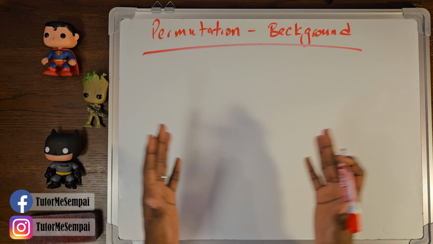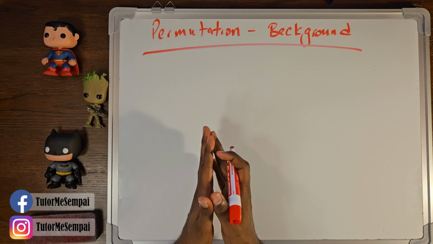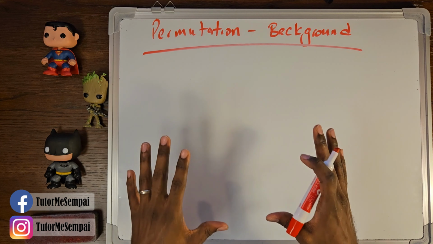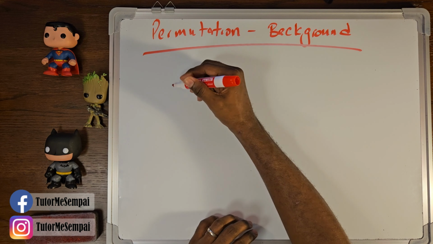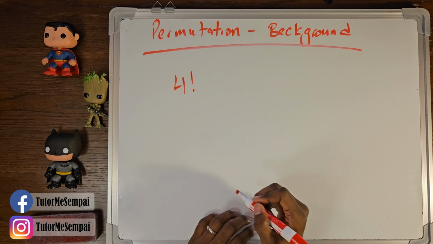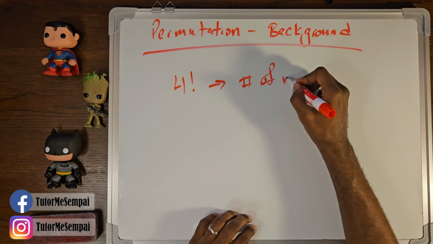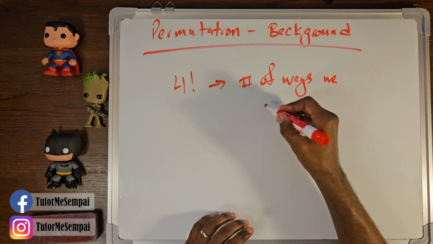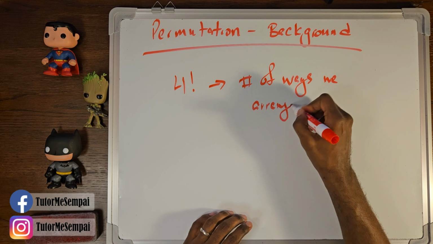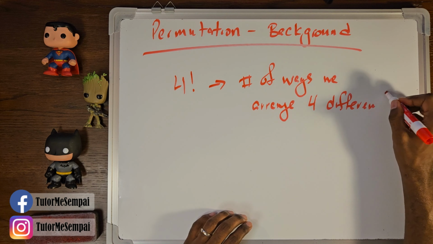If you had seen my first video on factorials, you may remember that I said a permutation is just how we calculate how many different ways we can arrange a given number of items. So for example, 4 factorial is just the number of ways we can arrange 4 different items.